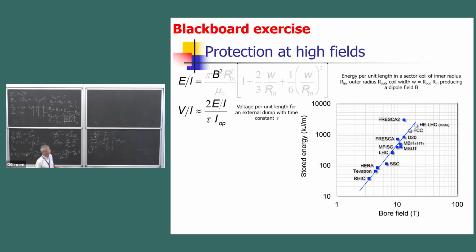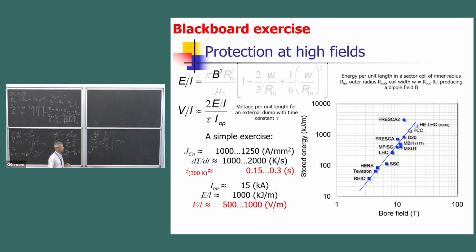You would like that to be small. If you plug in numbers, typical current densities in copper, about 1,000 amp per square millimeter, result in a temperature increase rate of 1,000 Kelvin per second, which means that you would reach 300K in a few hundreds of milliseconds.